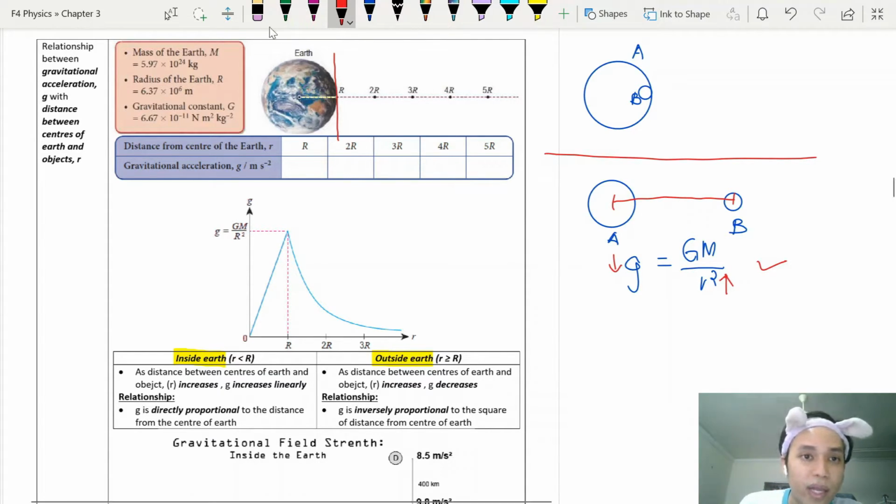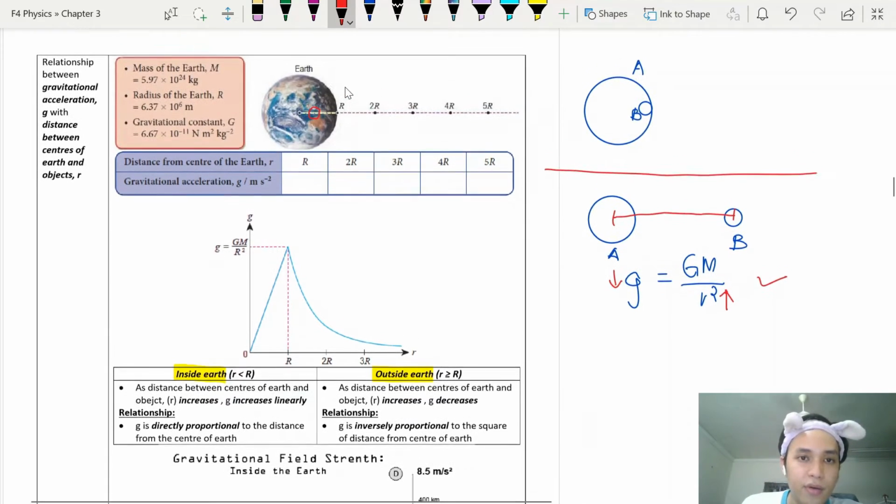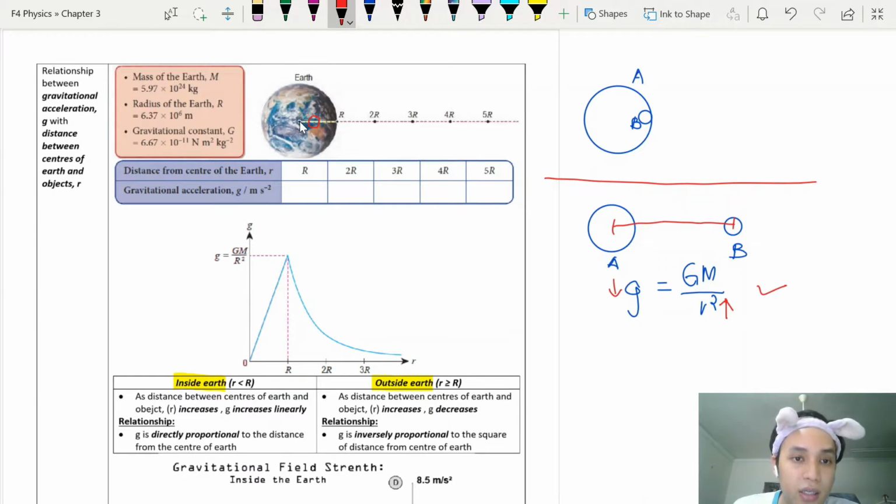Now, when the object is on the surface of the Earth, meaning right here, or inside Earth, let's say. When we say inside Earth, we are near to the core of the Earth.